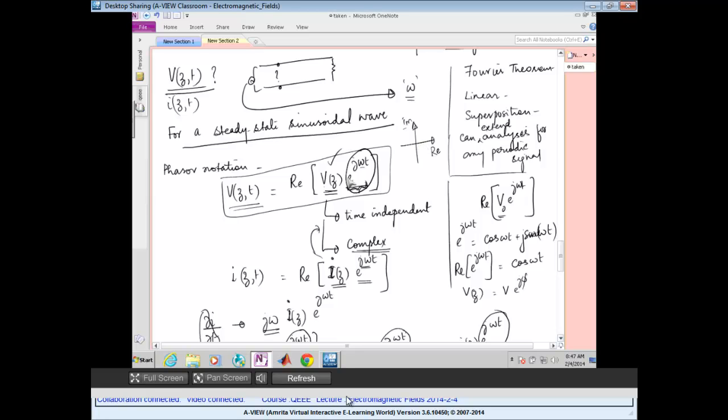The component of this complex number along the real axis is the real part, and the angle it makes is your imaginary part. So in that representation, as time is progressing, your omega t is changing, which means your phasor is rotating in the complex plane.